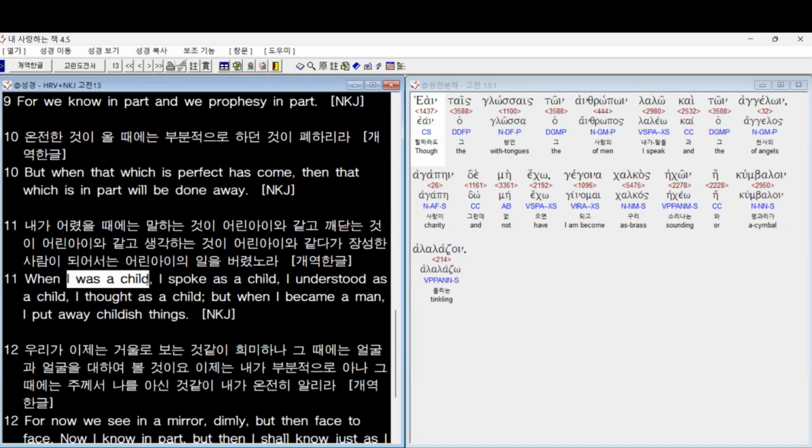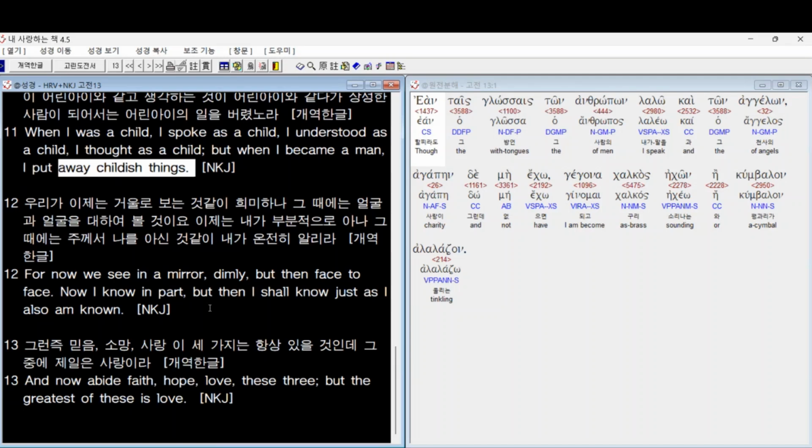When I was a child, until the fifth day, I spoke as a child. I understood as a child. I thought as a child. That is, I knew in part, prophesied in part. But when I become a man, perfect man, seventh day man, believing in Christos Jesus, I put away childish things.